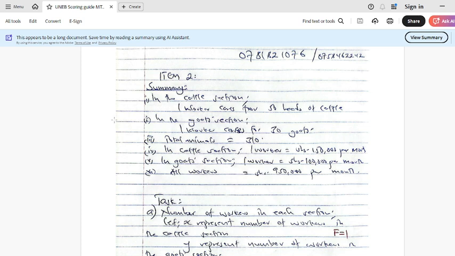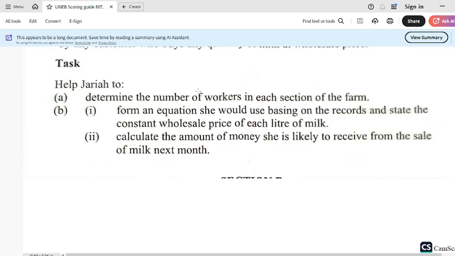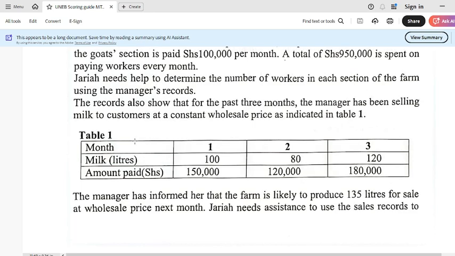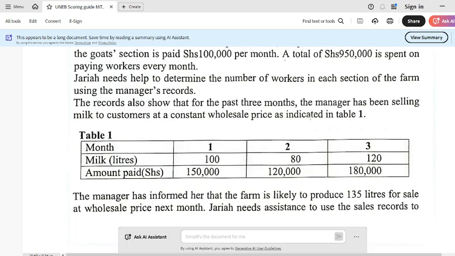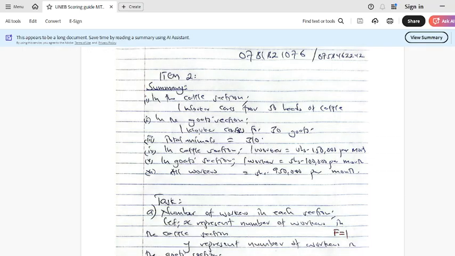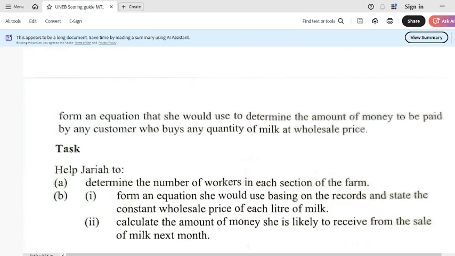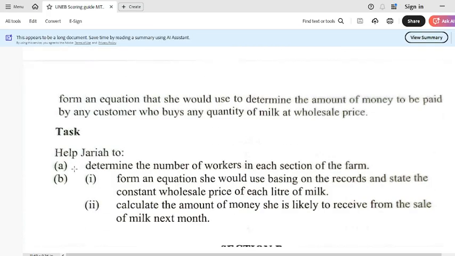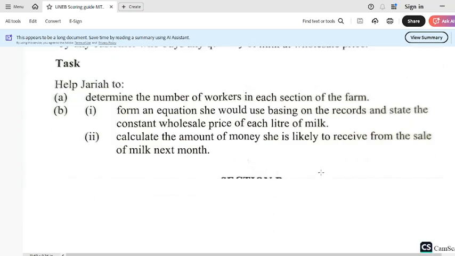So in all the many words we've been given, I have tried to summarize into something that can be easily understandable. I didn't summarize the table because the table itself is a summary of how the business has been running throughout this farm. Now I'm going direct to the task. Help Jaria, part A, determine the number of workers in each section of the farm.